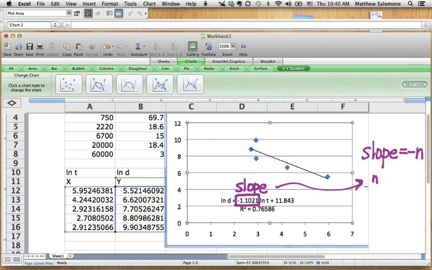So what does that make n? 1.102. Positive 1.1021. Yep. So we would conclude, based on the linear regression shown here from the data on the effect of imidacloprid on these Daphnia water fleas, that the exponent in the Druckrey-Kupfmuller equation that models this data is approximately 1.10.